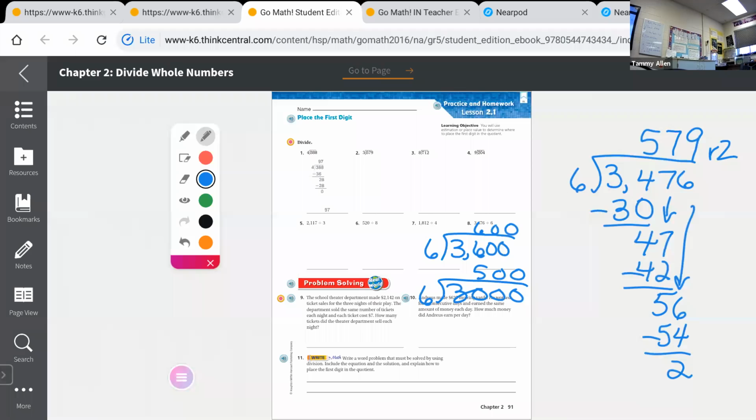Okay. I cannot stress enough: the better you know your multiplication facts, the quicker these go. Did you see how fast we could go through those? Could you go through them just as quickly? If you know your multiplication facts, those go quickly. If you don't, you're fumbling around for multiples of 6. 6, 12, 18, you see what I'm saying?